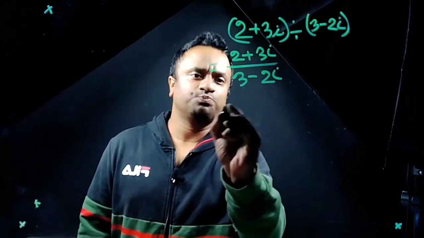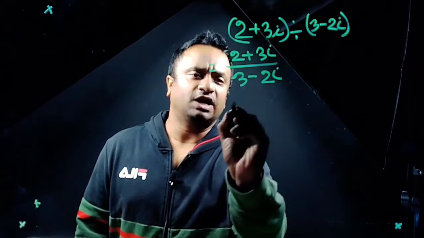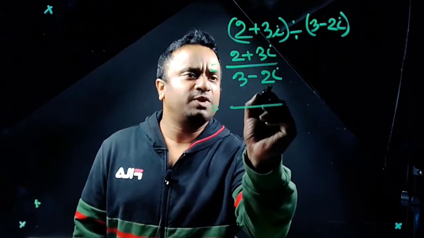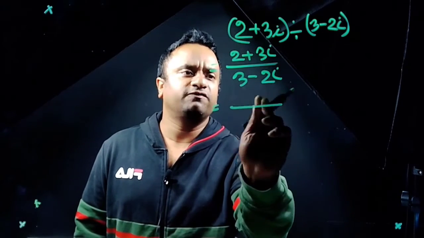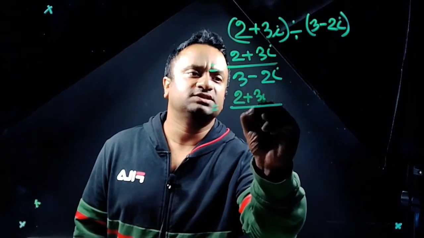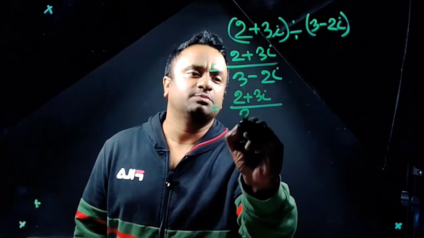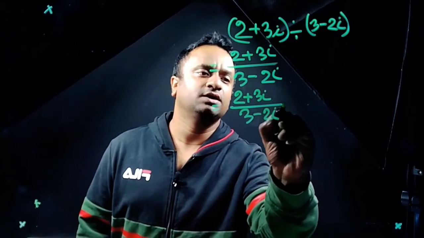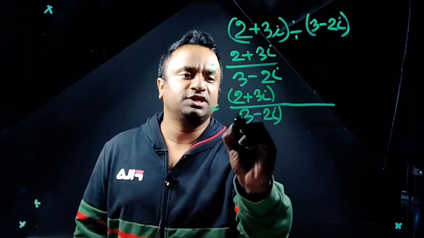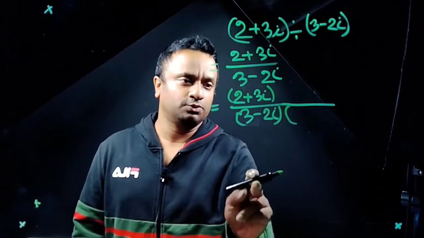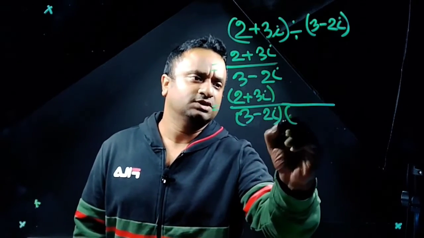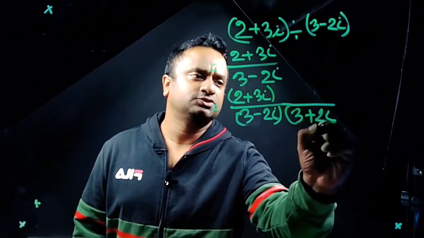Now what we do, we multiply the numerator and the denominator with the complex conjugate of the denominator. Just see. We write first as it is 2 plus 3i divided by 3 minus 2i. Then we extend the fraction sign and we enclose everything in brackets. And now, what is the complex conjugate of 3 minus 2i in the denominator? That is 3 plus 2i.